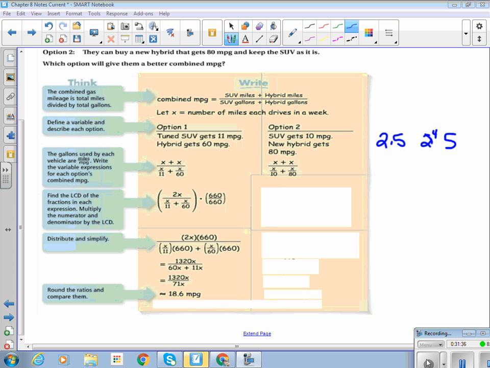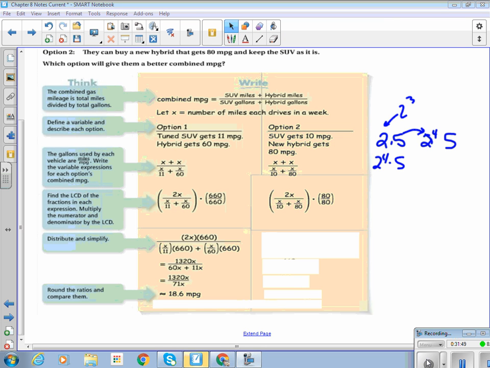So I need to give this one 3 more factors of 2. The least common denominator is 80, so I multiply the top and the bottom by 80 over 80, and we get 2x times 80 over x over 10 times 80 plus x over 80 times 80.